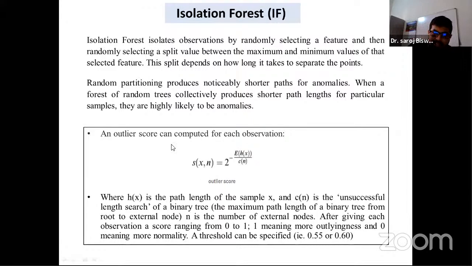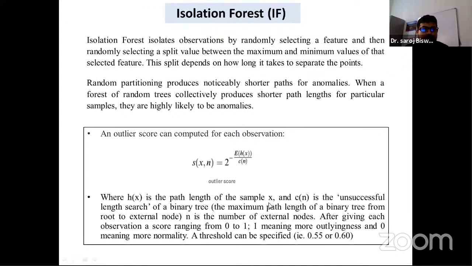In this equation, h(x) is called the path length of sample x. If we are interested in finding the score of x, then we have to find the path length of x. And here it is E(h(x)). It is talking about the average path length of a particular sample.